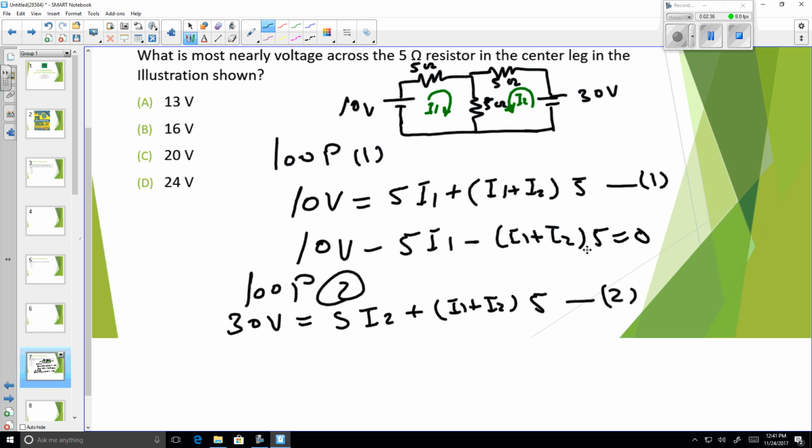Now, by solving these two equations, you can find I1 and I2. If you do that, I1 will be equal to minus 2 over 3 ampere, and I2 will be 10 over 3 ampere.